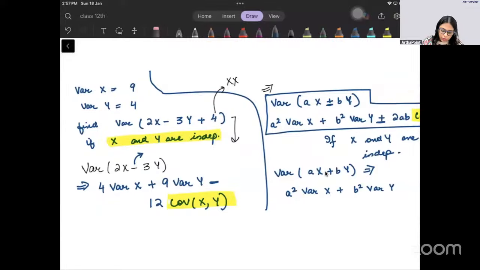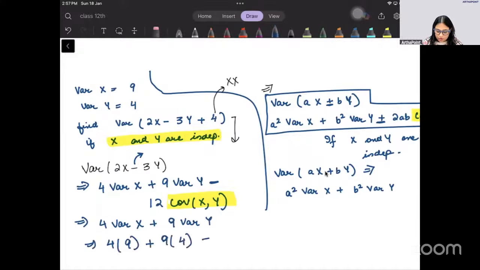So you will go ahead and you will get 4 variance of X plus 9 variance of Y. So it will become 4 into 9 plus 9 into 4.